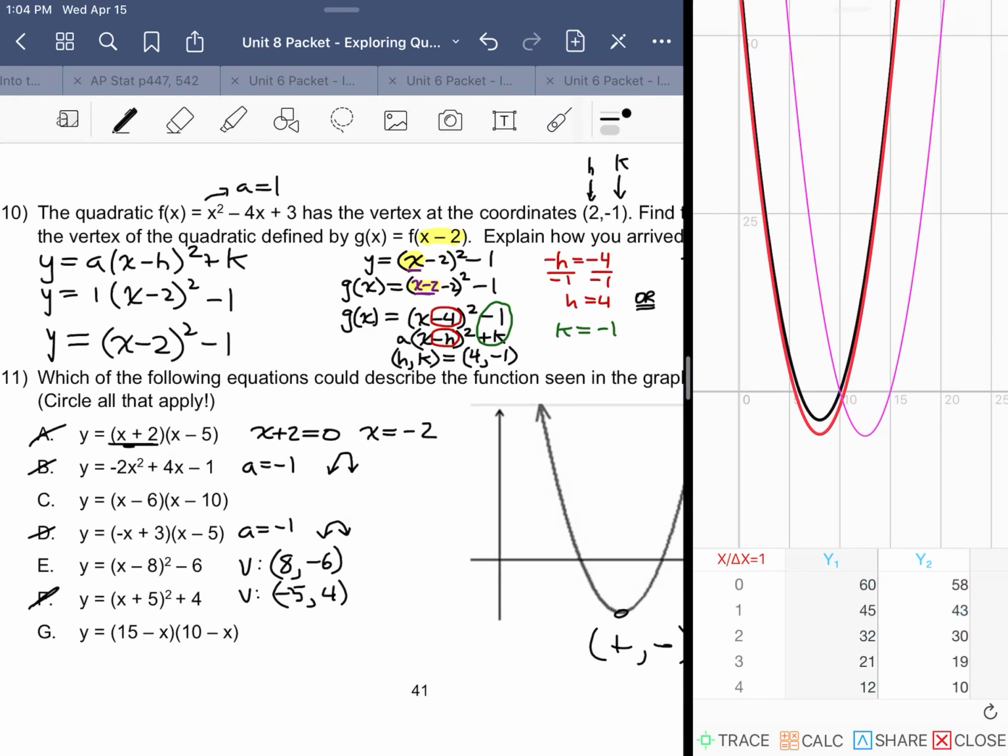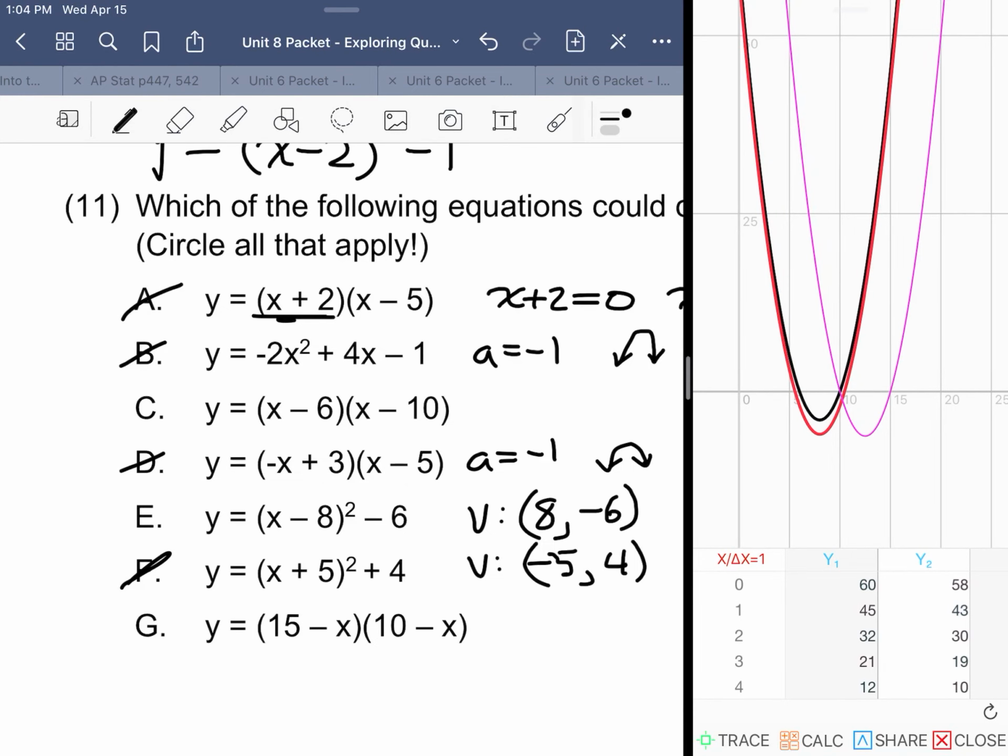They each are upward facing, each have two positive roots. We don't know whether they're real or rational or otherwise, so I'm going with C, E, and G. And I'm going to go red for those keeping score at home.